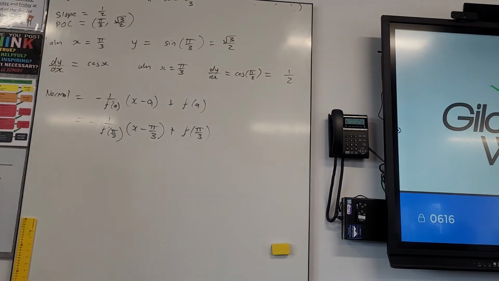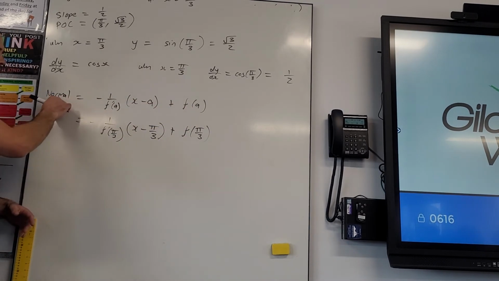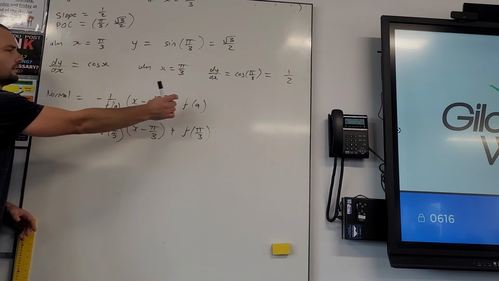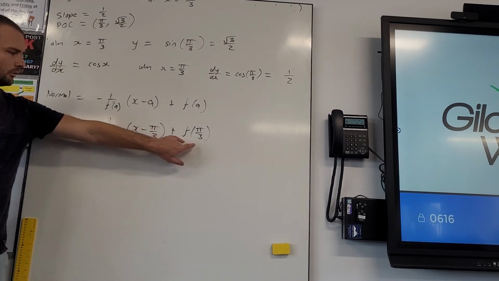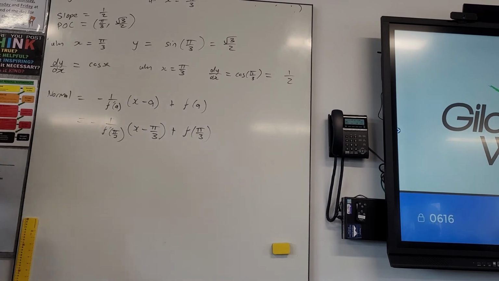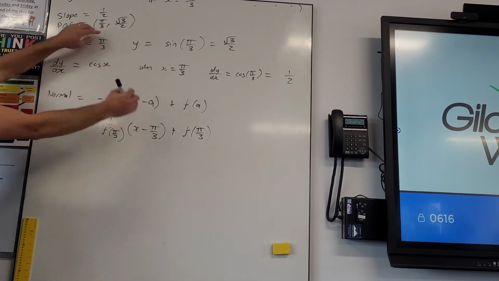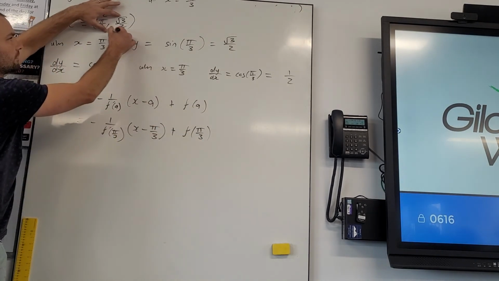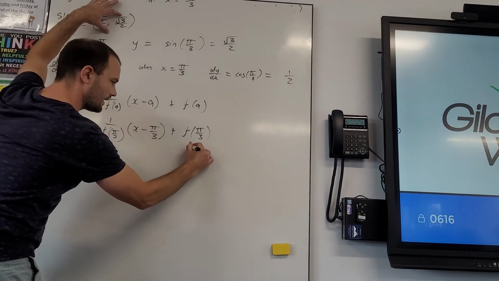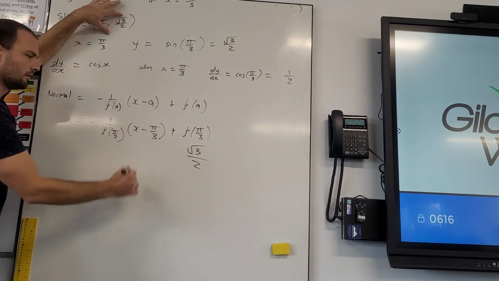The value of a here just means the point of contact. It's the tangent at a, or the normal at x is a. All right, and then all we need to do is fill these pieces of information in, because f of pi on 3 means the y value when x is pi on 3, that's going to be this one here. So that part there is going to be root 3 on 2.